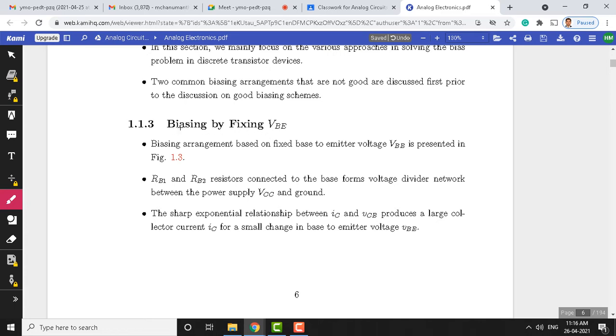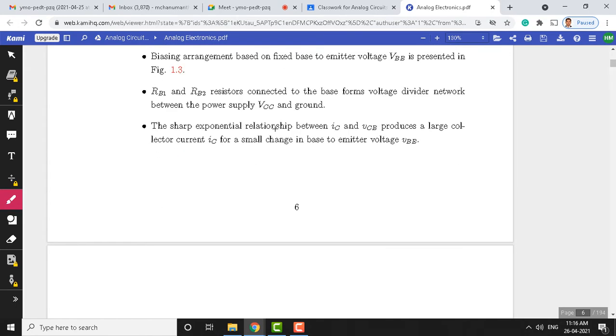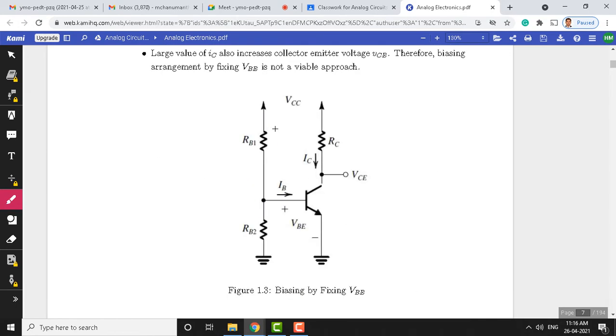First one is going to be biasing by fixing base emitter voltage. The circuit diagram for this is as shown here. So this is the circuit diagram for biasing, the amplifier circuit with fixed VBE. The voltage VBE is going to be fixed here. This voltage is derived from the supply voltage.